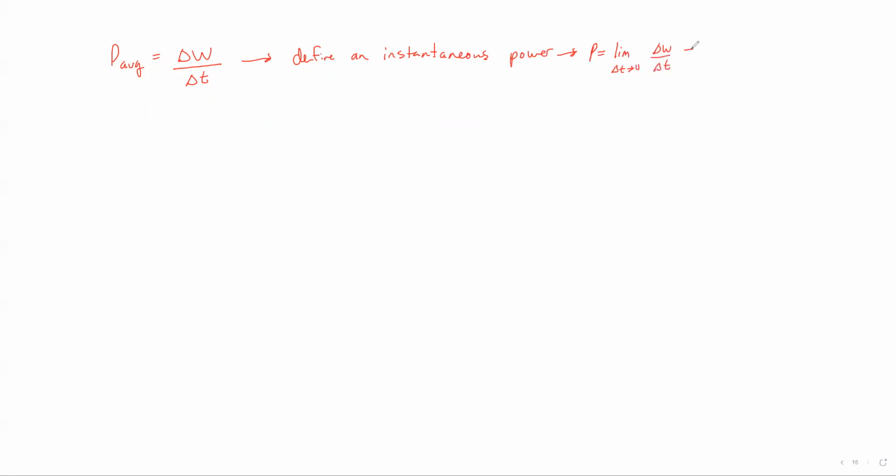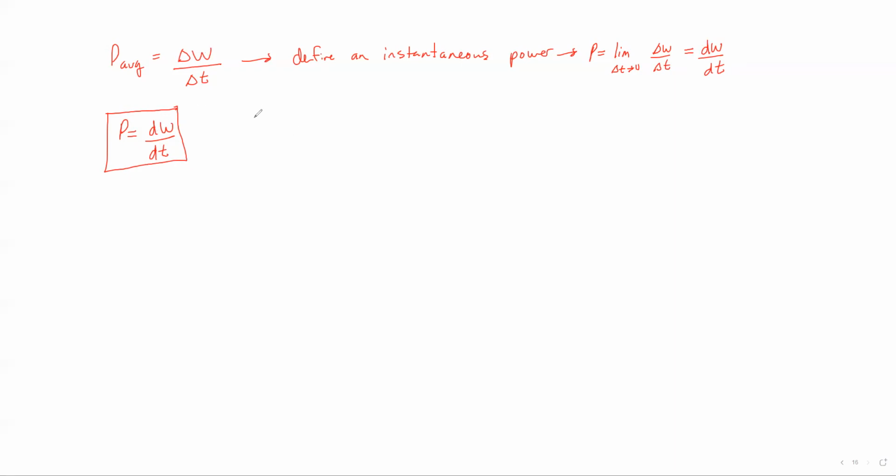And I don't know what that looks like to you, but I would say that looks pretty much like a derivative, dW/dt. So power instantaneously will be dW/dt. Now, again, we won't be using the derivative a lot. That's more for upper level physics, but when we do a power calculation, it usually is with an interval. I'm not going to say not ever.